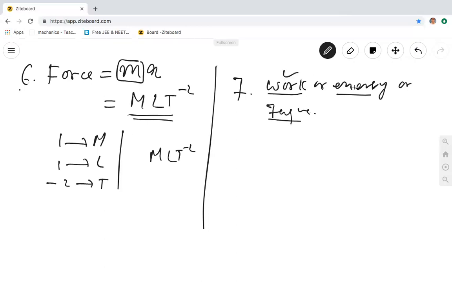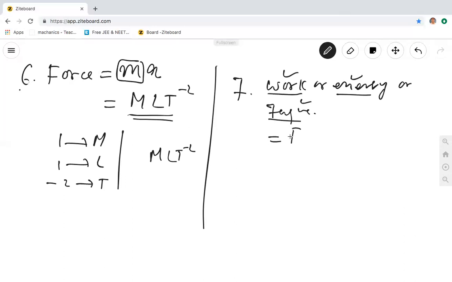All these quantities, work, energy, or torque, all have the same dimensional formula. So here we are going to learn something. Whatever correct formula you write for work, or whatever correct formula you write for energy, you will get the answer.